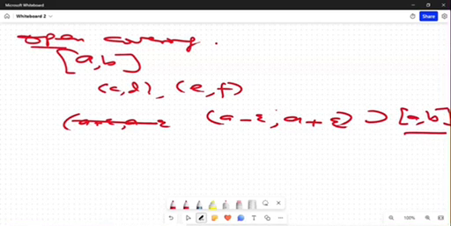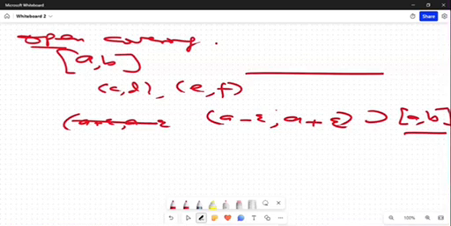It must be open. An open set in R is an open interval like this one.